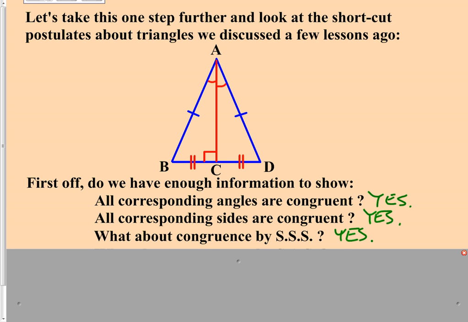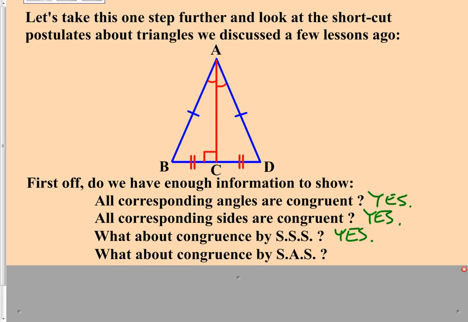So yes, we do. Do you have enough information to say congruence by side, angle, side? Well, this one actually you do in a lot of different places. We've already established that this side coming down the middle there on that special segment is congruent because it's in common with both triangles.